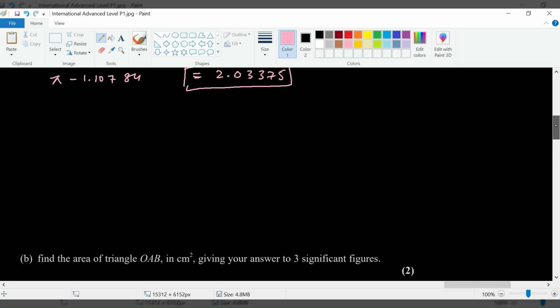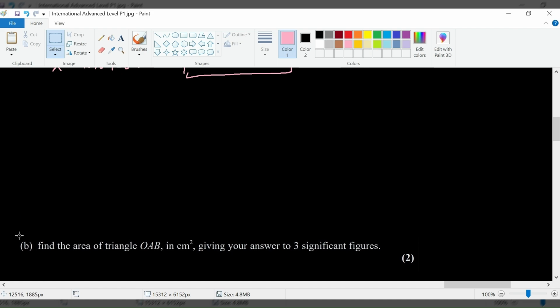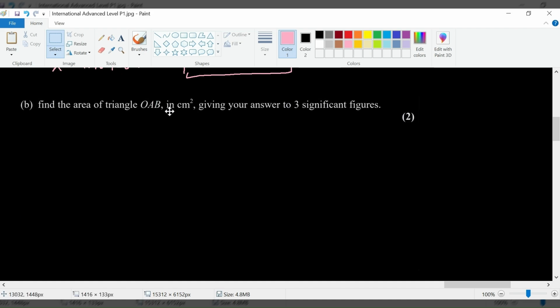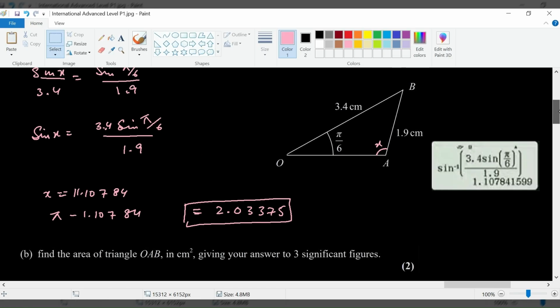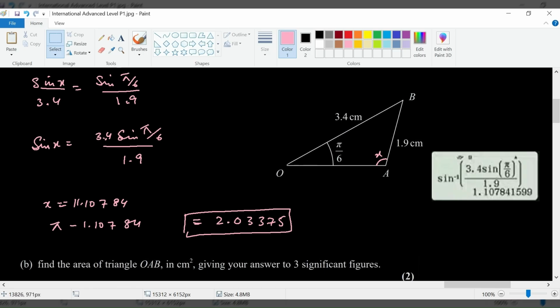Now moving ahead and solving part B of this question, as you can see, it says find the area of a triangle OAB in square centimeters. And triangle OAB, that means we are talking about the same triangle. I don't mind if I copy this same triangle down below to make things better and clear.